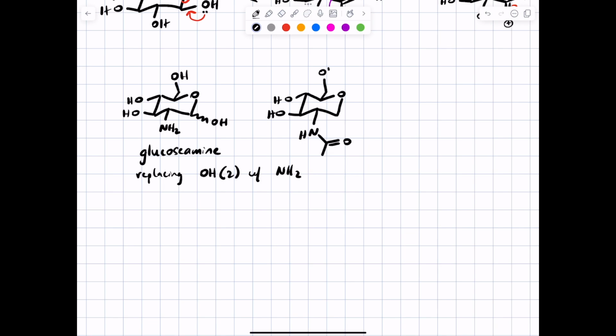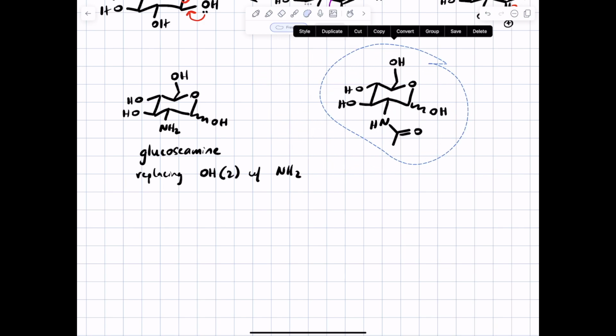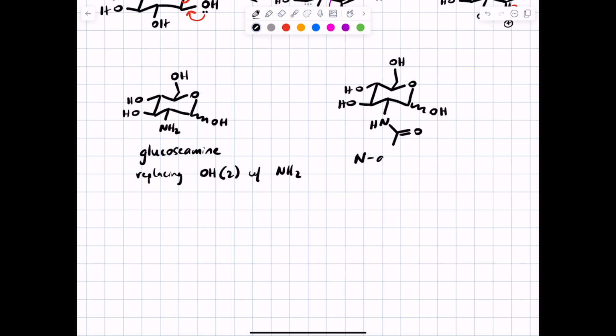The nitrogen gets acetylated, and that generates this carbohydrate, which is sometimes called N-acetylglucosamine. And N-acetylglucosamine is an important component of chitin, which is a very rigid carbohydrate.